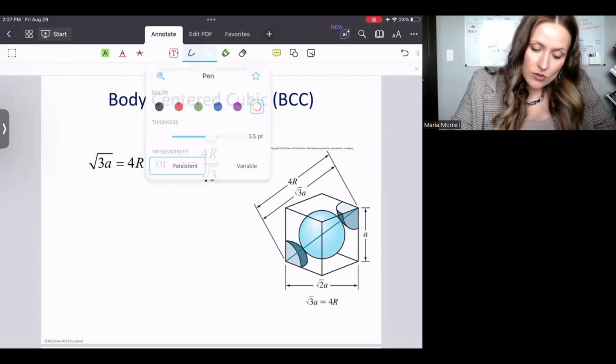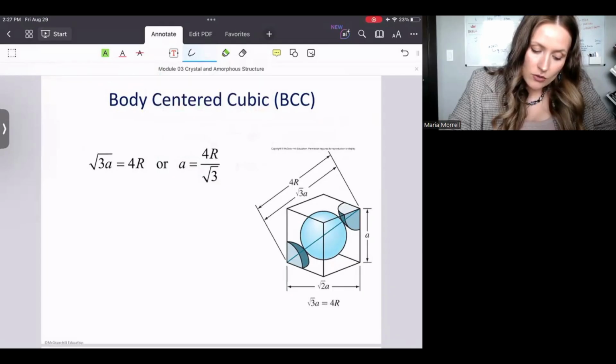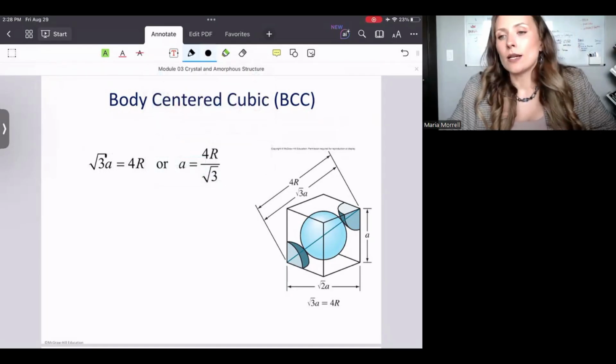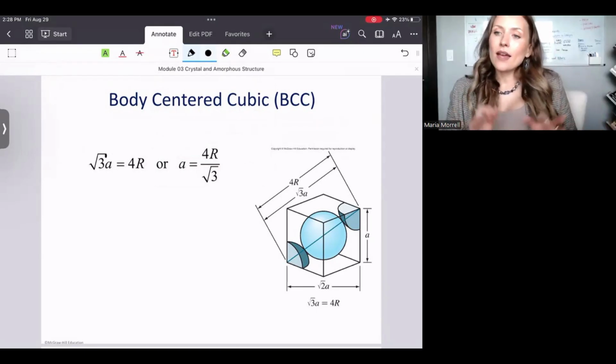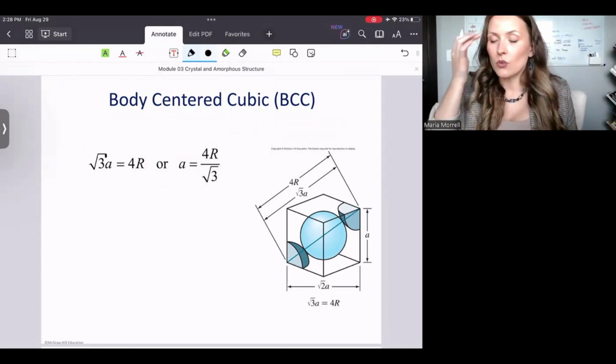So allow me to do the following. This square root should not extend beyond the 3. It's supposed to be square root of 3 times A, right? For every single crystal structure that you will be familiar with, right? And that is going to be BCC, body-centered, and face-centered.